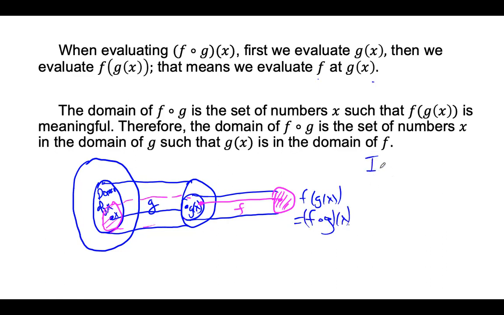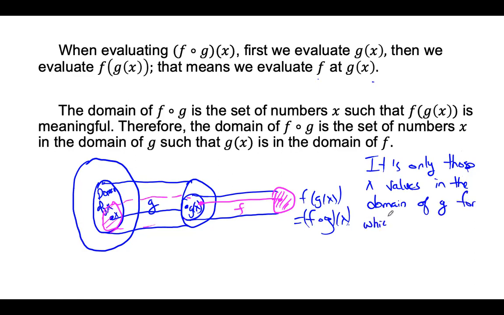So essentially it's only those X values in the domain of G for which G of X is in the domain of F.